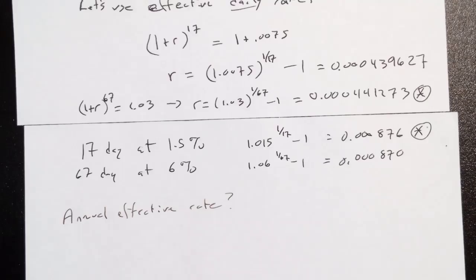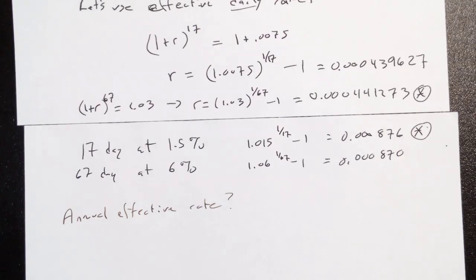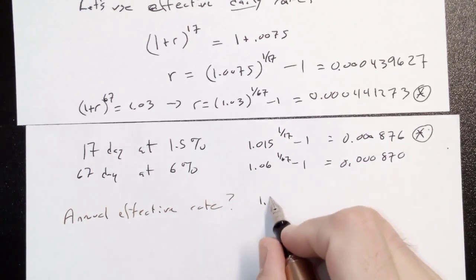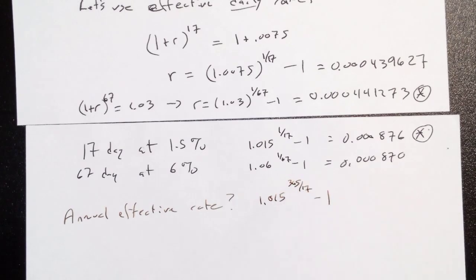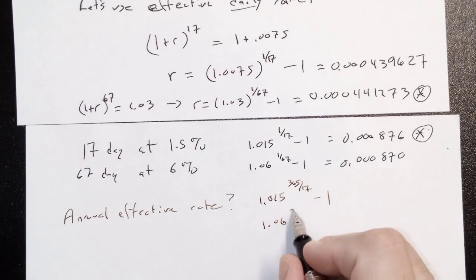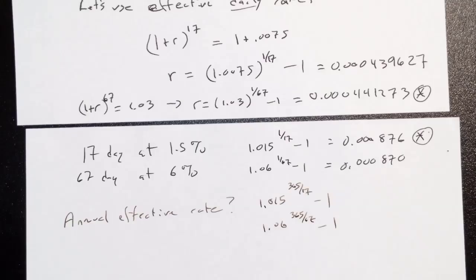That's a year. So instead of taking this route, the 1/17th, I get the number per day and then raise it to the number of days. So I could do this same calculation, 1.015 to the 365 over 17, and 1.06 to the 365 over 67. You're going to get very different numbers, but the same one should be larger, depending on which version you do.